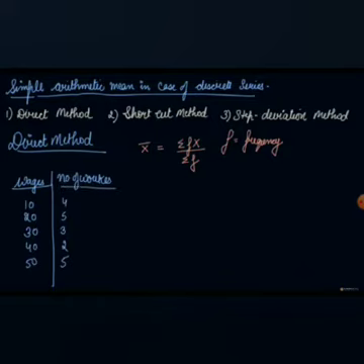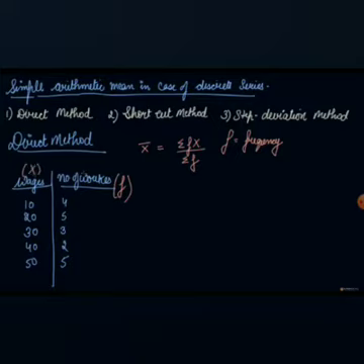Number of workers means they are given in numbers, which means it's the frequency. The wages rupees 10 is of 4 workers, rupees 20 is 5 workers, rupees 30 is 3 workers. So this is the frequency, and the wages or the variable is x.